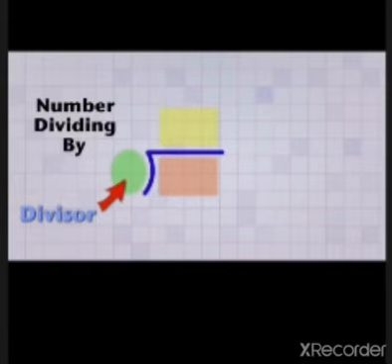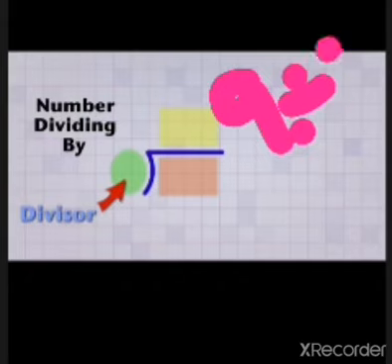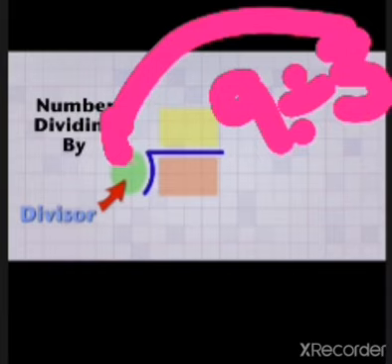What about the circle in front of the curve? We will put here the number which we are dividing by, known as the divisor. Following the same example, 9 is being divided by 3, so 3 will be put over here, and in this example 3 is our divisor.